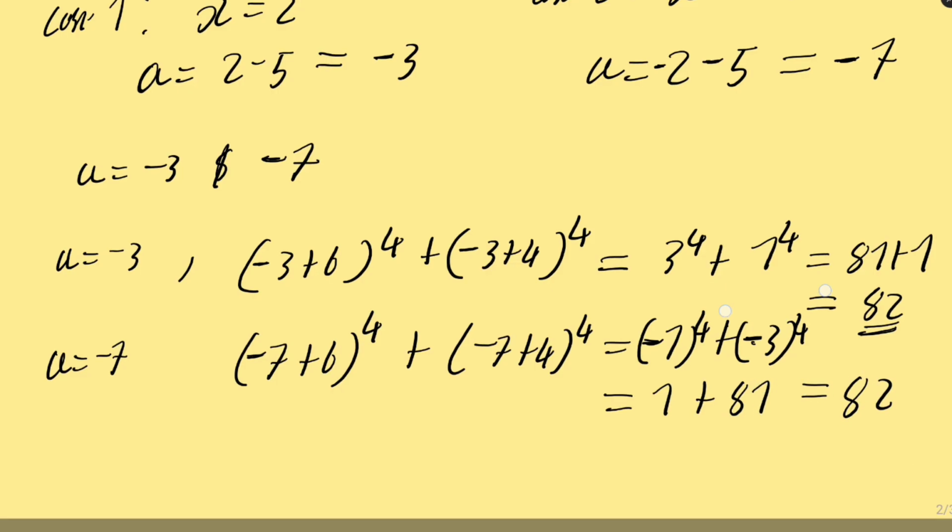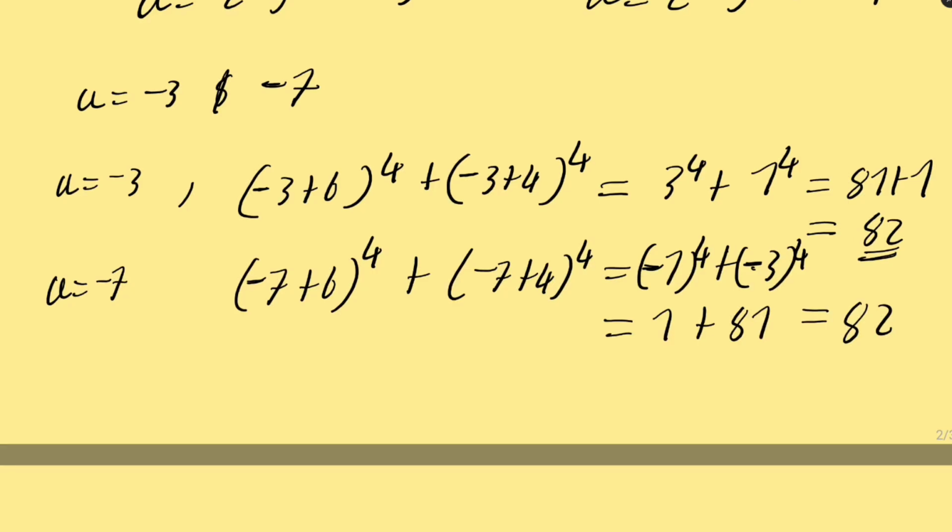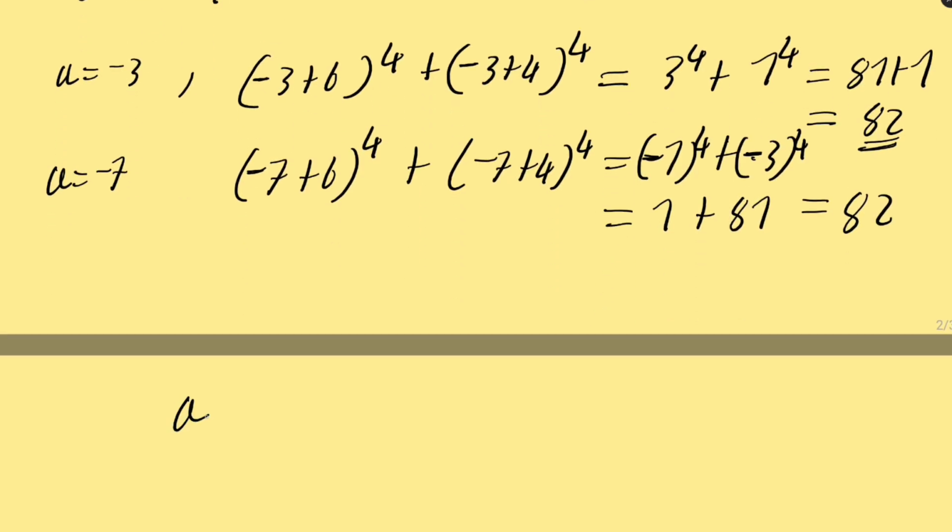So you see now that both solutions are correct, and basically we can come to the end of this problem, where our a is equal to -3 and -7.